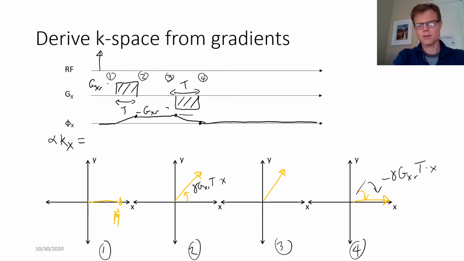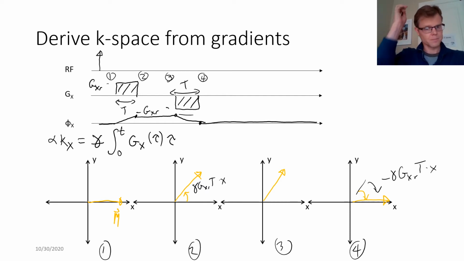And in fact, the k-space in x here would be defined as gamma bar times the integral from 0 to whatever time we want to look at of the x gradient, d tau.